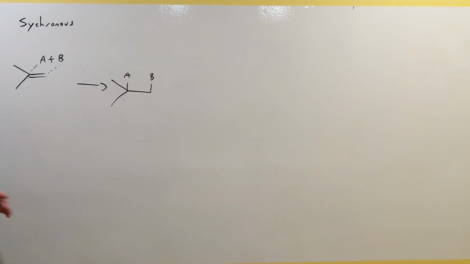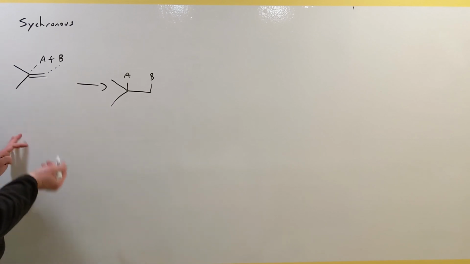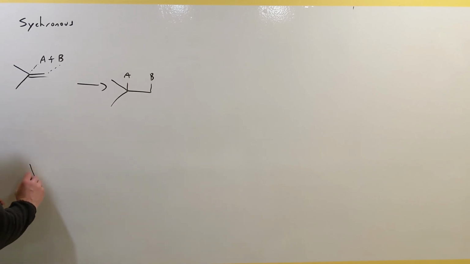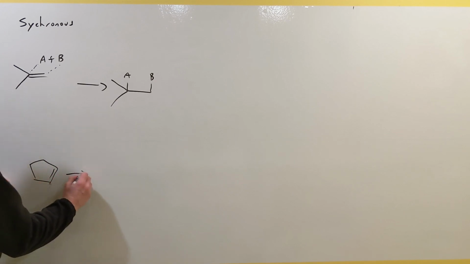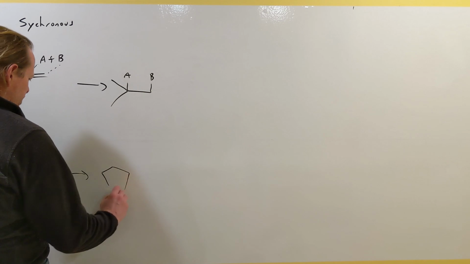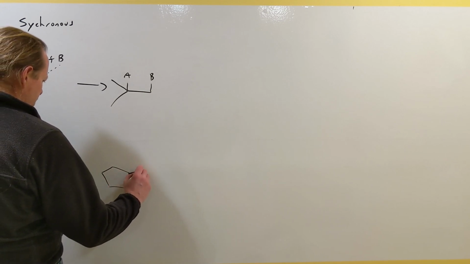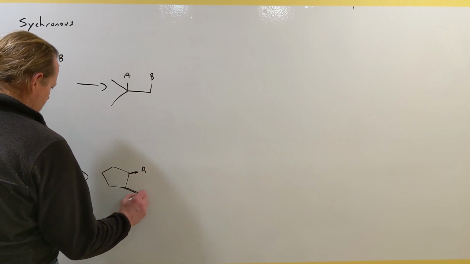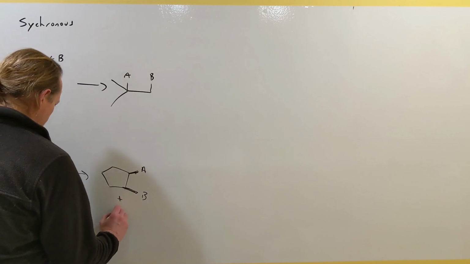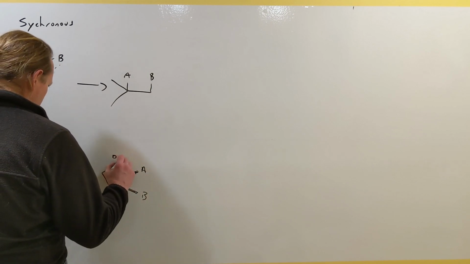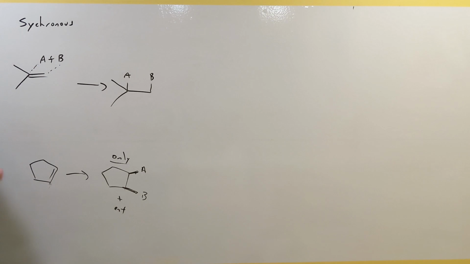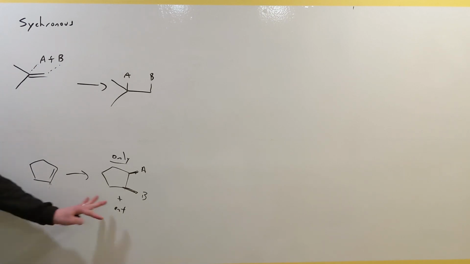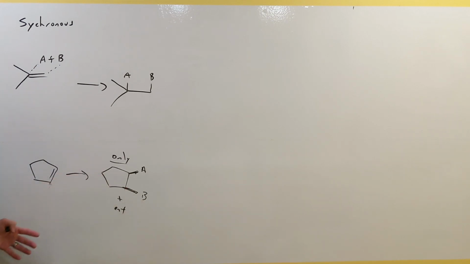This is the rarest of the types, but it's also in some ways the most useful, because when I look at synchronous addition in a cyclic case, for that to happen, it has to occur on the same face. So this has a stereochemical consequence: we get only what we call a syn addition, or a cis product, when we're done.